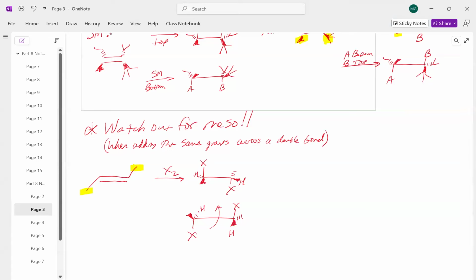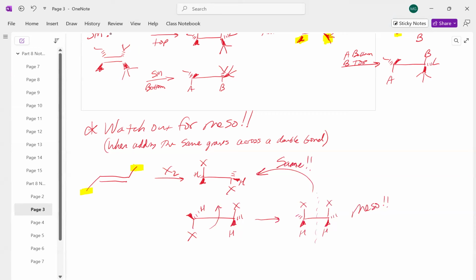So if I rotate this bond, I'm just using the bottom one as an example, both the X's are up. Hydrogens are still cis to each other. Methyl groups are still cis to each other. What does that look like to you? There's symmetry there. And so this is a meso compound. If this is meso and this is not, it's not an enantiomer, it's exactly the same.